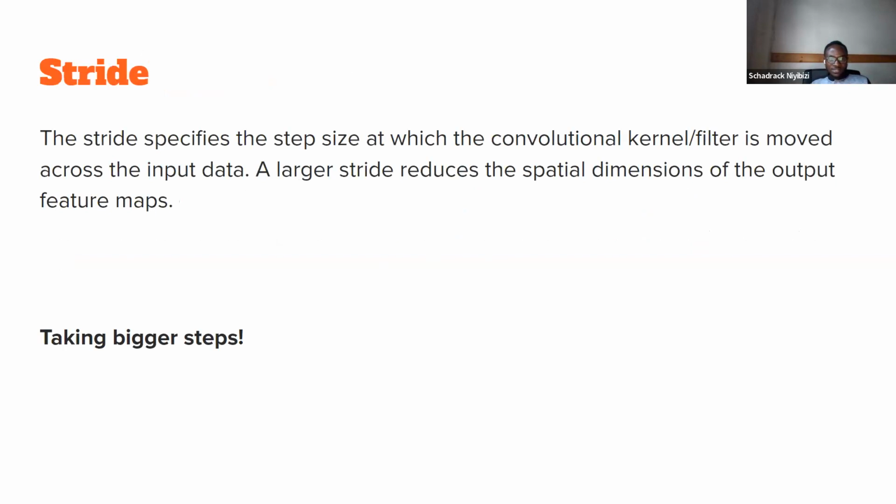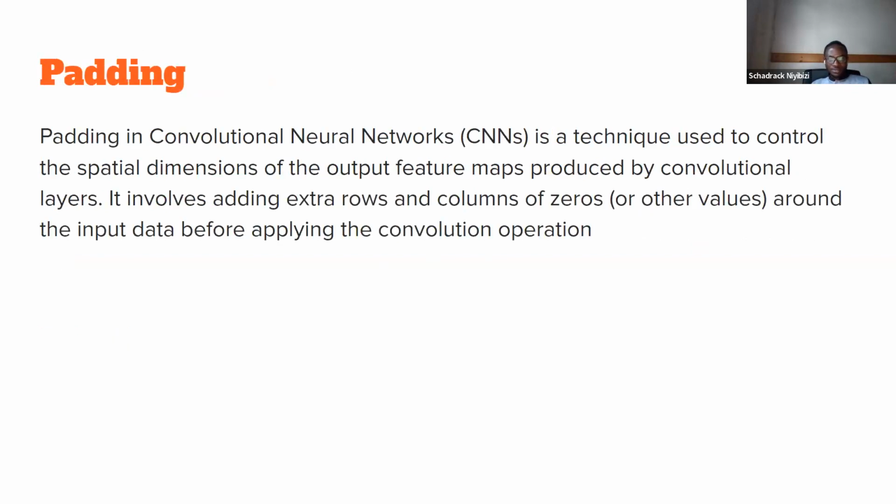The stride, as I mentioned, the bigger the stride, you understand you're making bigger steps for the kernel when you're convolving. The padding in CNN is used with the convolution layer just to control the output size of the feature map.